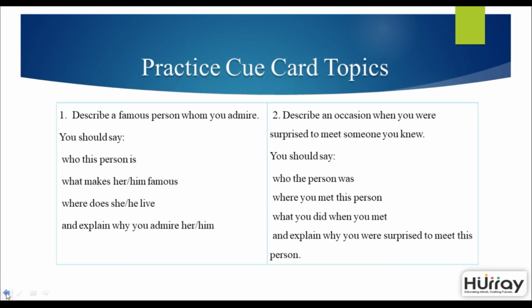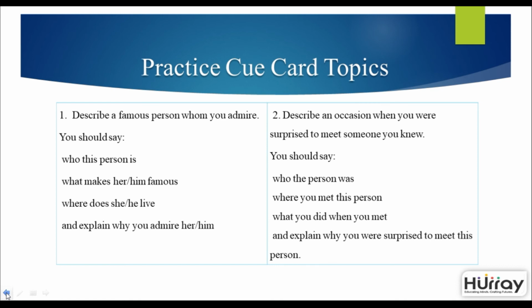Here are two topics which you could practice, which could come for the cue card round or the part 2. One is describe a famous person whom you admire. Under that, you should say who this person is, what makes her or him famous, where does she or he live, and explain why you admire her or him.